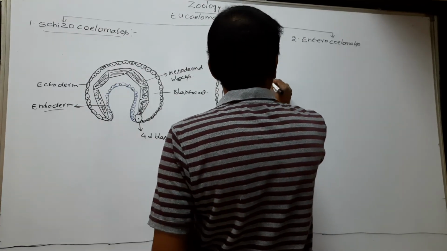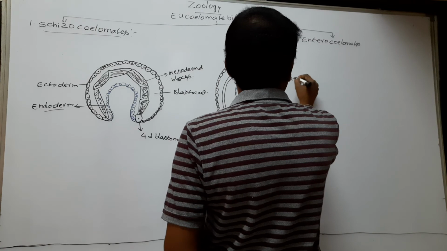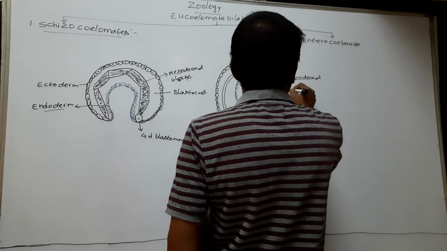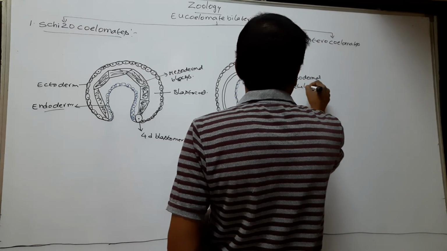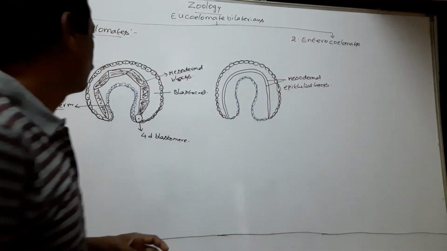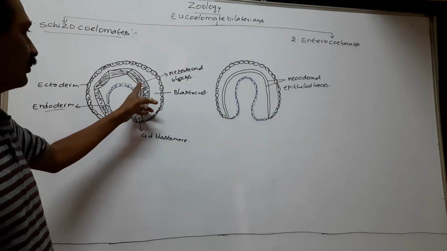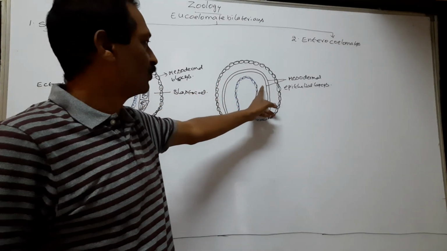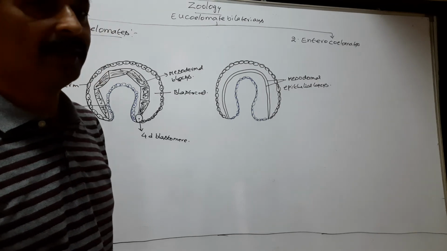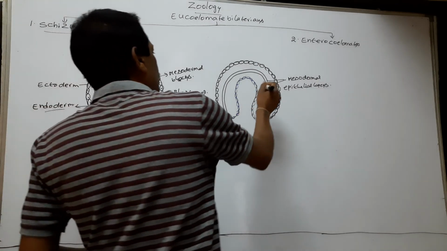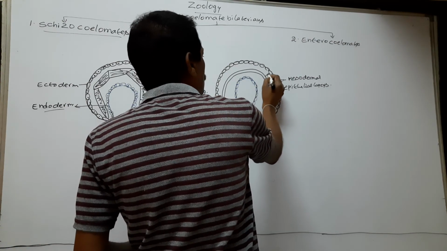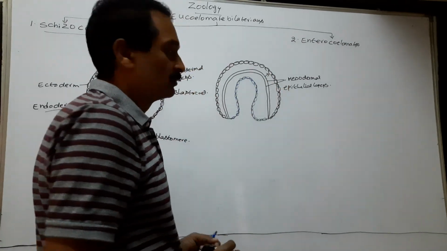So these are mesodermal epithelial layers. The mesodermal blocks divide into two mesodermal layers, in which the outer mesodermal layer moves to the ectoderm.